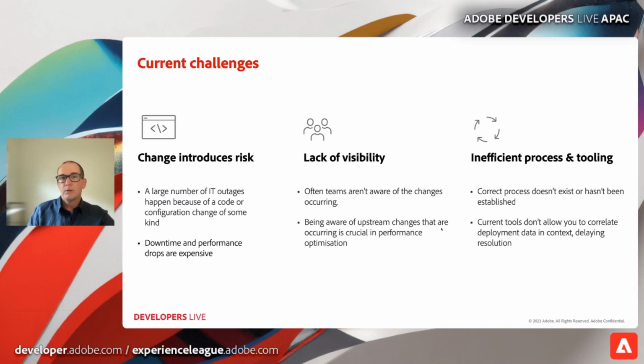Not having this implemented, or not thinking about it, the correct process may not exist. So it's recommended to have a think about it and get one set up. Current tools don't always allow you to correlate deployment data in context as well, and that jumping around from different sections in New Relic is really what can delay time to resolution as well.